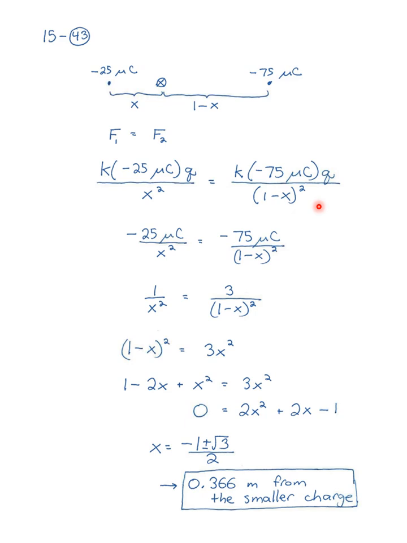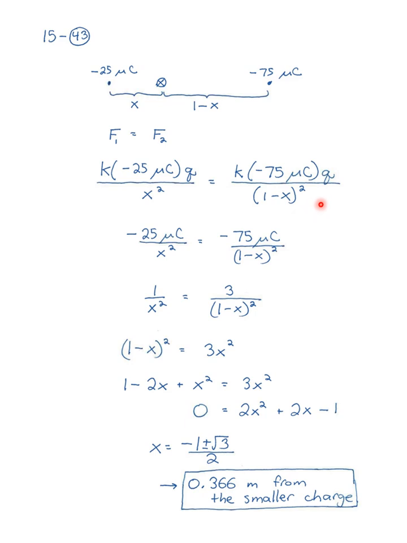So usually I'm turning those charges into 25 times 10 to the negative 6, and 75 times 10 to the negative 6. But there's going to be a point in about a line or two where whatever power of 10 we're using is just going to divide out anyway, as you'll see in a minute.